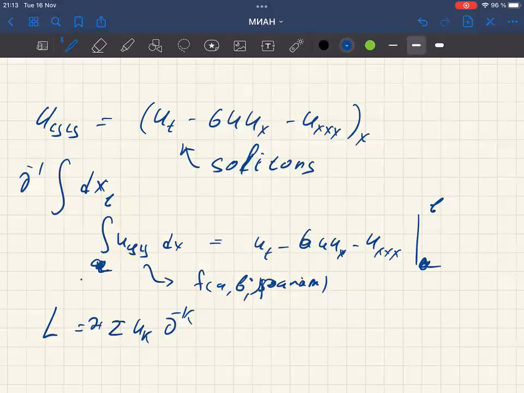When we integrate from a to b, the left-hand side depends on a and b. What's the problem? And the right-hand side doesn't depend. It depends because it has a. We take here like u_t at the point A minus u_t at the point B, for example. It does depend on A and B explicitly.